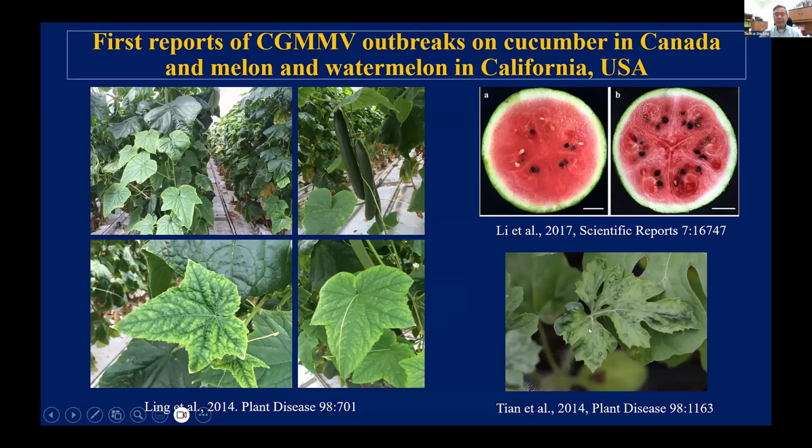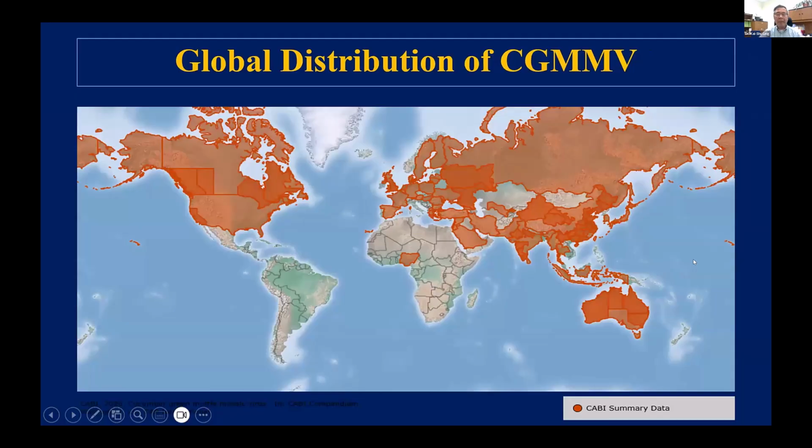There are not just mosaic symptoms, but also an impact on the fruits, which is where it can be a serious problem, affecting them with spongy flesh and rotting, and then there can be total crop loss. So that is important.